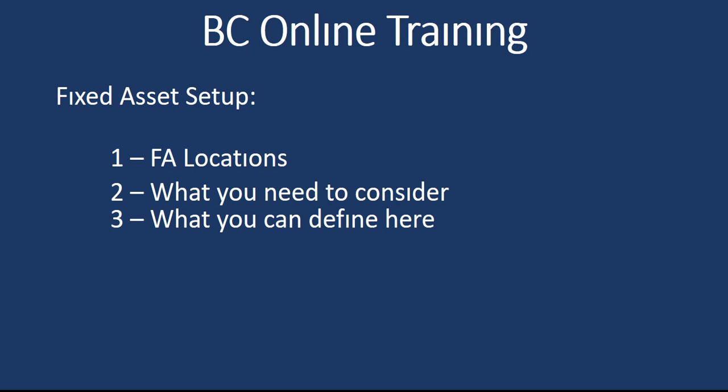Basically, when we talk about fixed asset location, we need to think about how our fixed assets are distributed in our different units, business units, branches, or in a building if you have different areas like administrative, operation, sales.